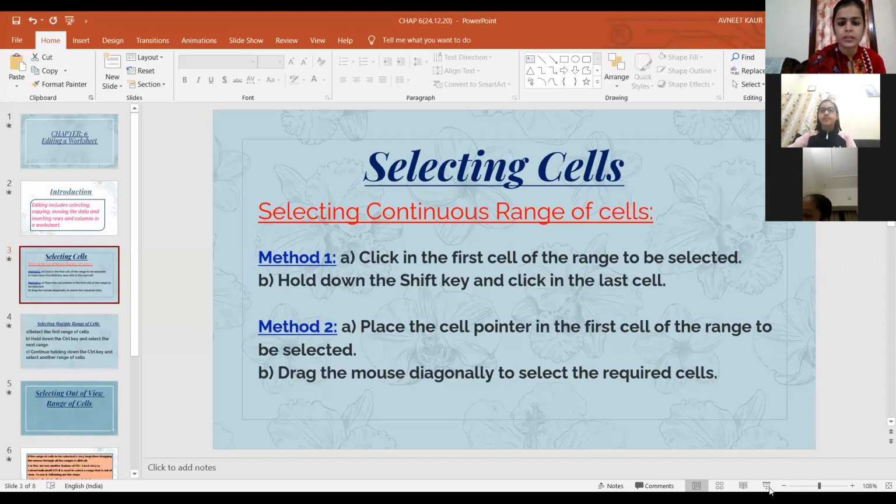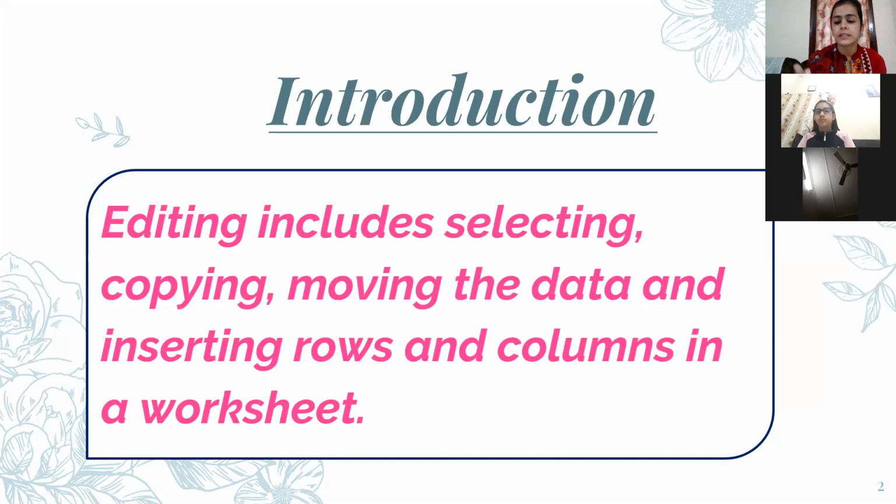All right. So first of all, we are going to discuss chapter number 6, that is editing a worksheet. What do you mean by editing? Editing basically includes selection of the data, copying or moving the data from one place to another in the spreadsheet, and also inserting rows and columns in your worksheet.